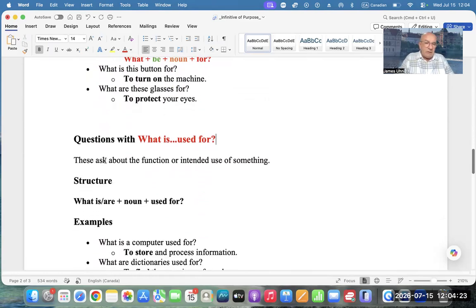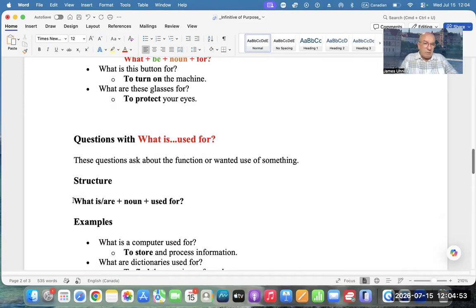These questions, because this is plural and questions, we have to have s, ask about the function or intended use of something.